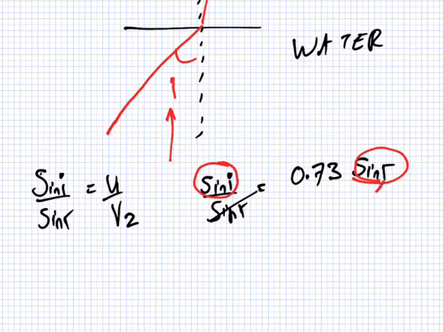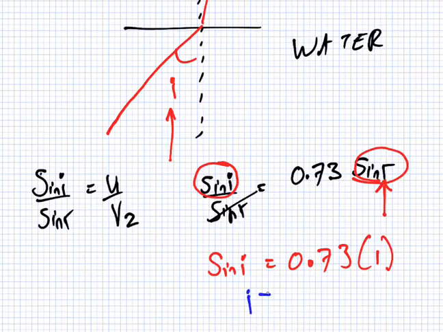What's the biggest that this can be? 1. So then what's the biggest sine I can be? 0.73 multiplied by 1. So now you get I equals 47 degrees, roughly. Okay. You don't have to find the refractive index for the next part. Okay, I'm sorry, is that clear now? Now, that actually makes more sense for the next part, for going into the oil.